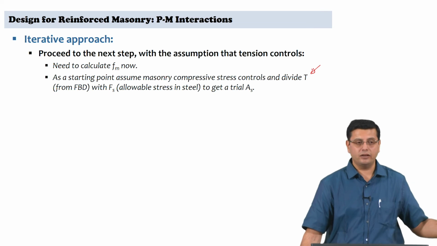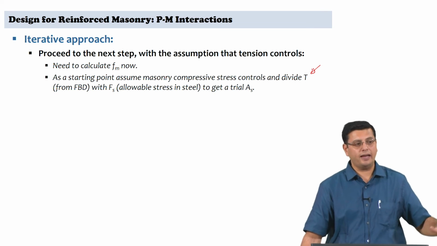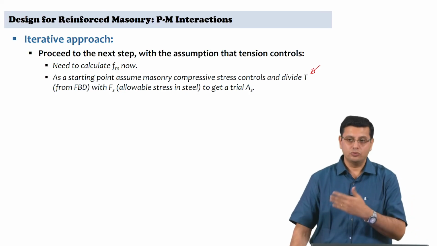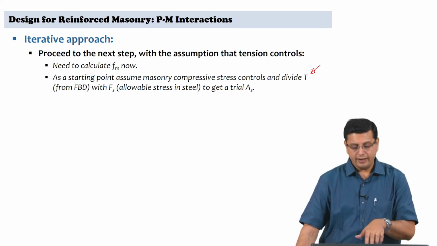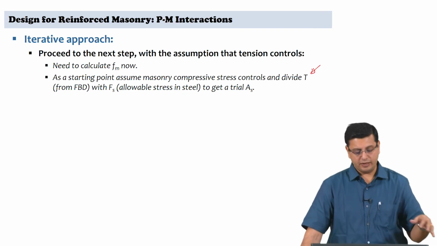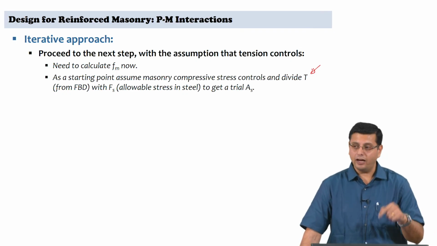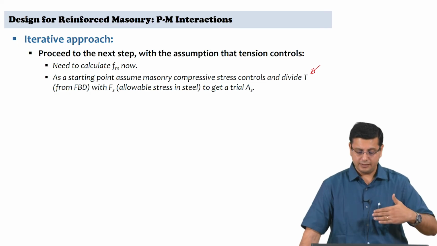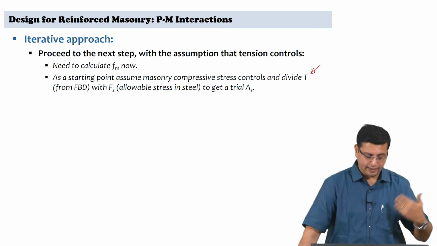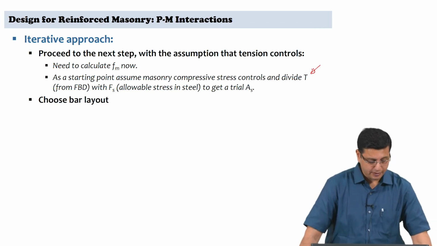Because from the previous calculations, whatever KD you established is wrong and the area of steel is wrong, you now need to rework and start somewhere. Therefore, to get a trial area of steel, you take the tension force that you arrived at and divide it by the allowable stress in steel, because now the allowable stress in steel is governing, tension controls. Get a trial area of steel and then start your calculations.